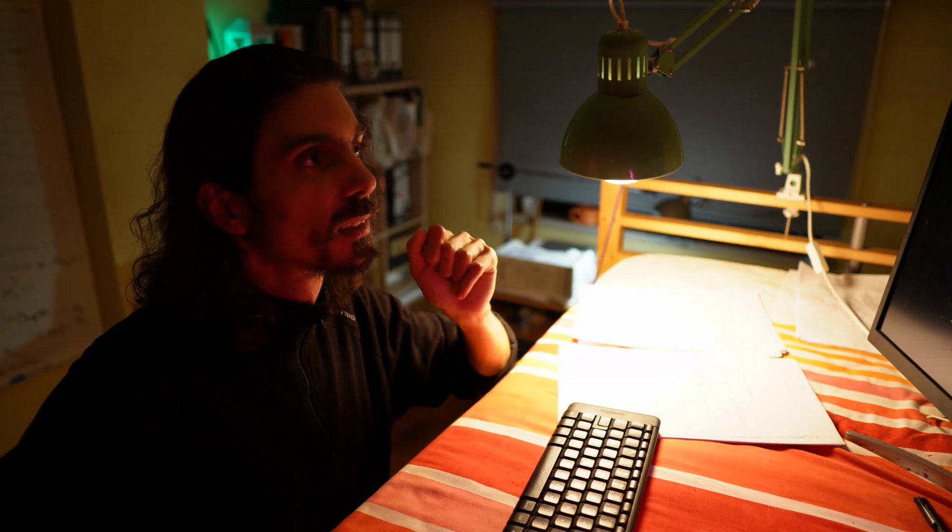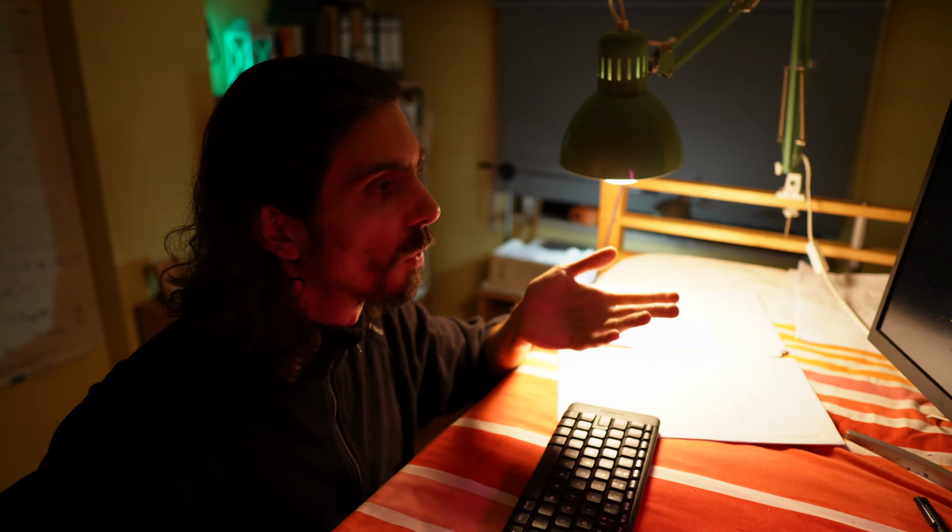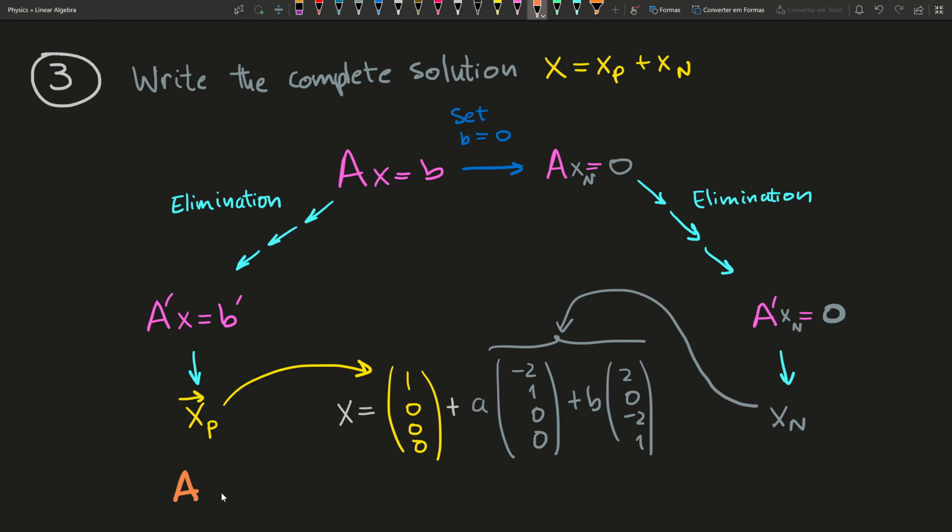But notice, why did this 3-step procedure work? Notice, if I multiply A by this x, I have A times xp plus xn. Using the distributive property, I have A times xp plus A times xn, meaning A times this plus A times that.